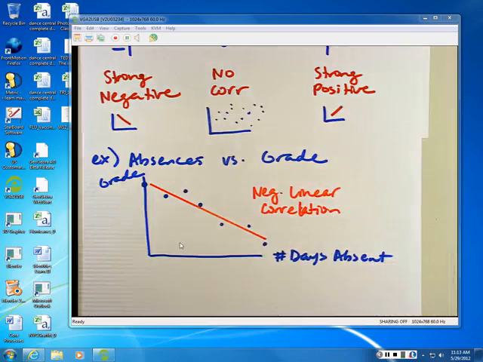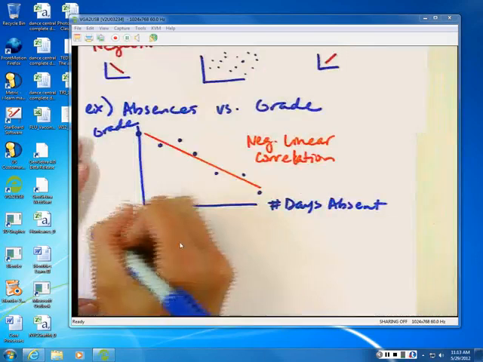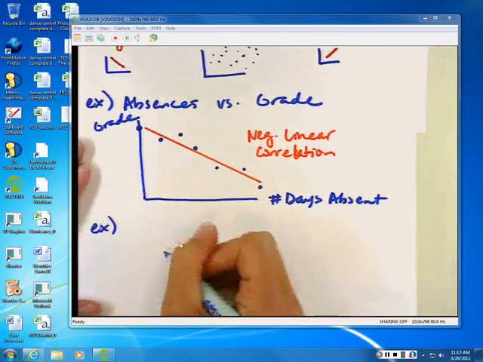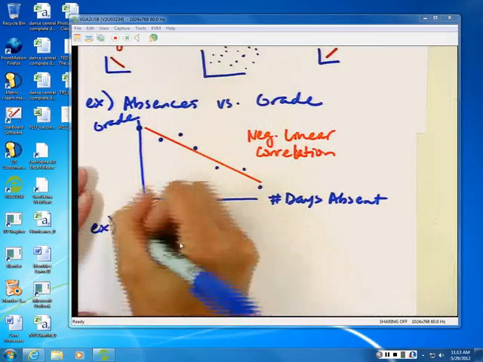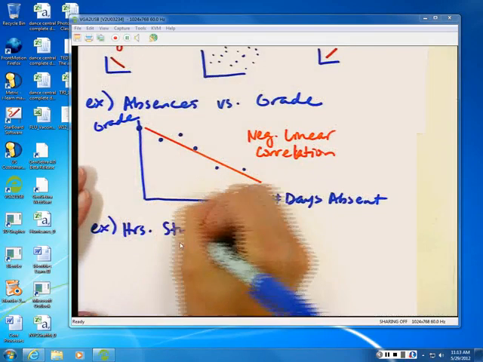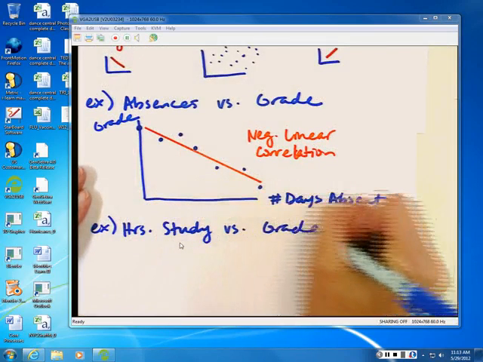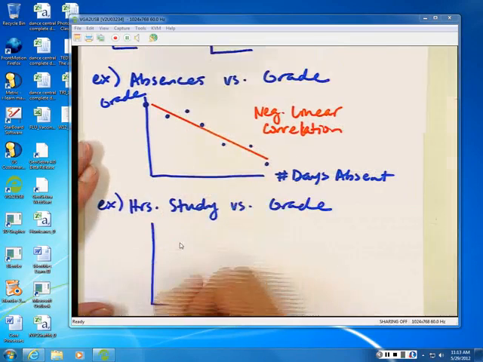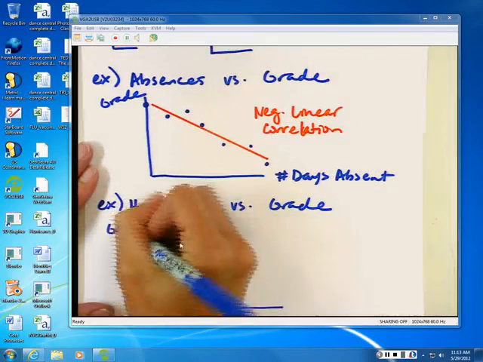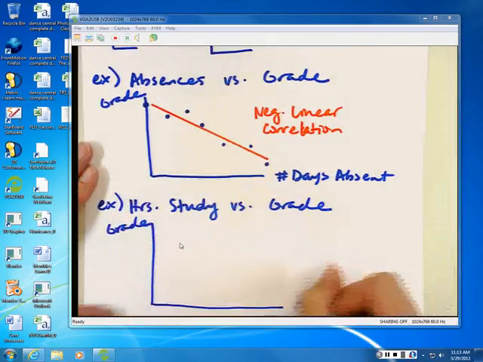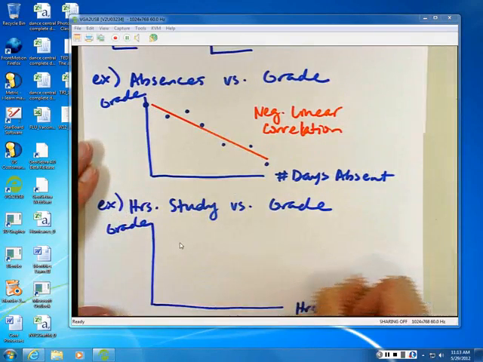Okay, so next, what if we plot hours that you study versus your grade? I'm going to put grade again on the vertical axis, just sketching, and then hours studied on the horizontal axis.